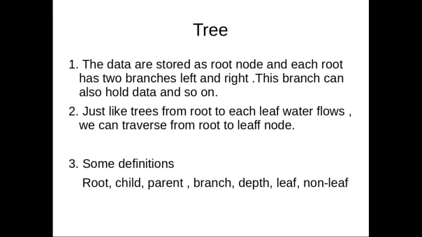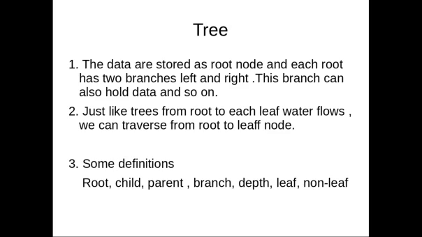So the data are stored with a root node in the middle, and in the left child and right child there will also be some data. Further, the left child and right child will have two branches. Maximum it can have two branches, depending on the type of tree.